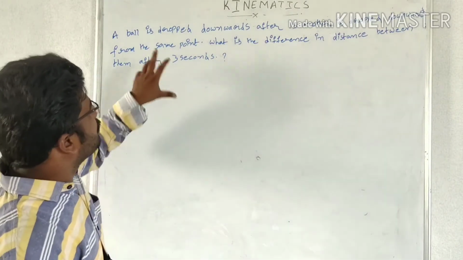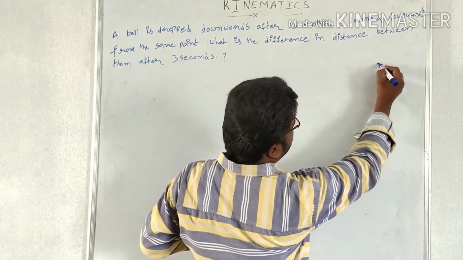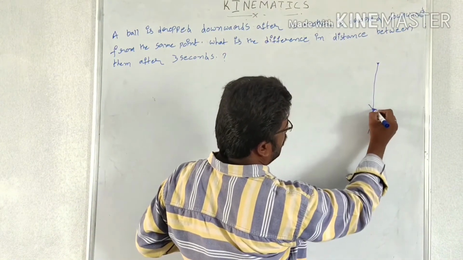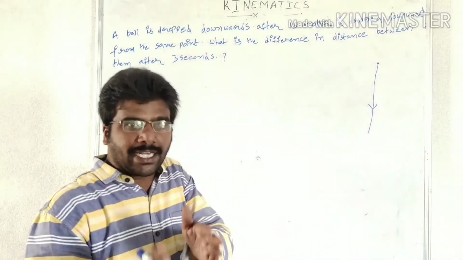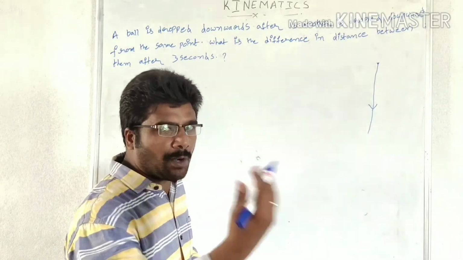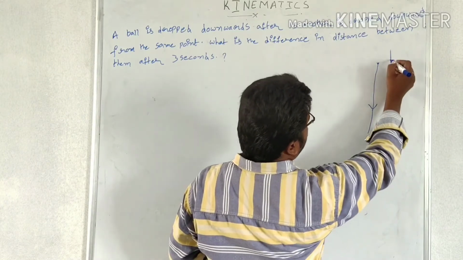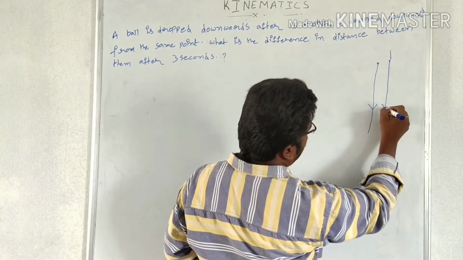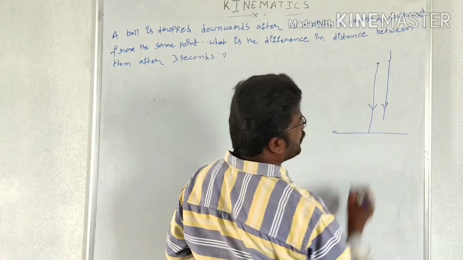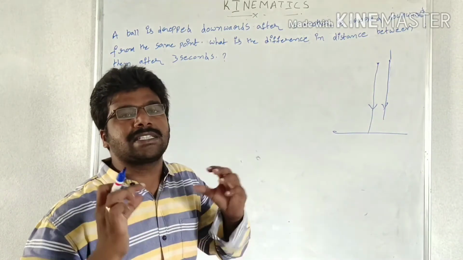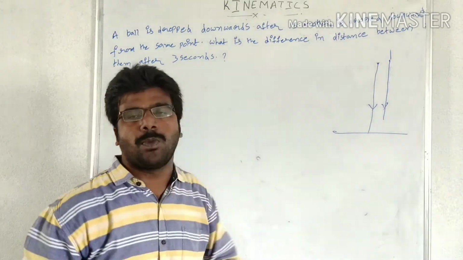Look at the first, a ball is dropped from some height. After dropping, they have waited for 1 second and they have dropped a second ball from the same point. Now, we want to calculate the difference in distance between the two balls.